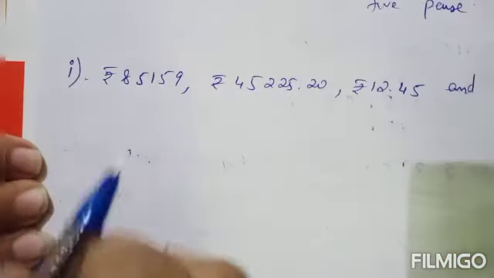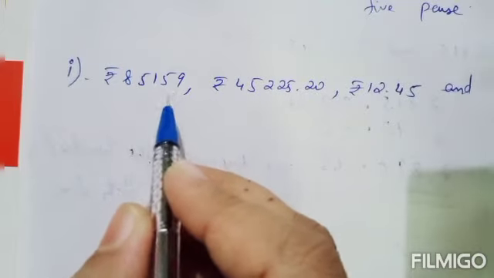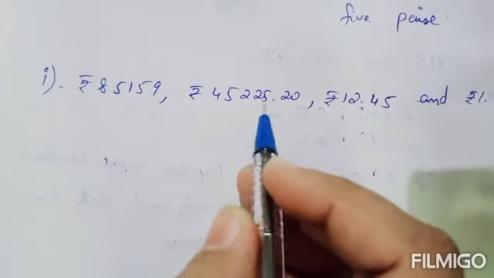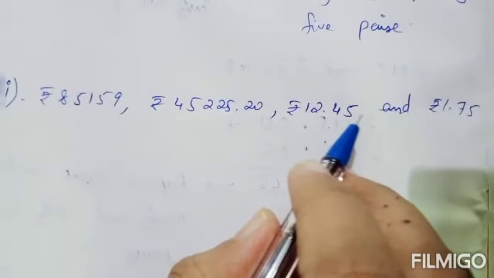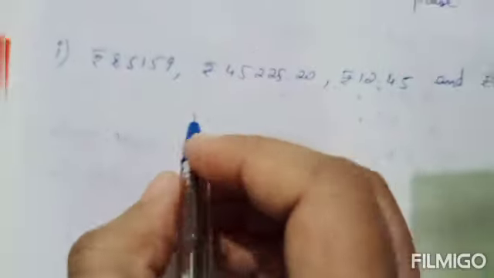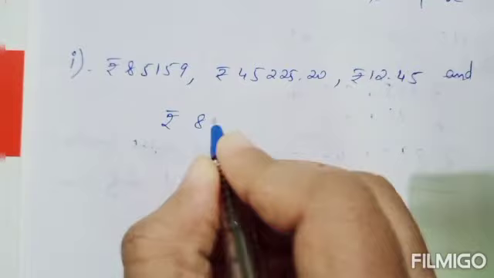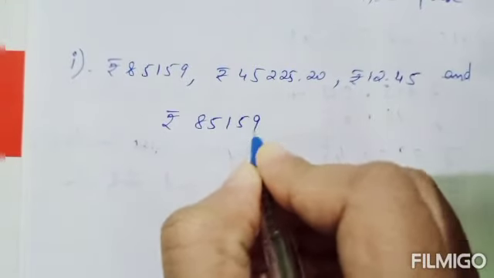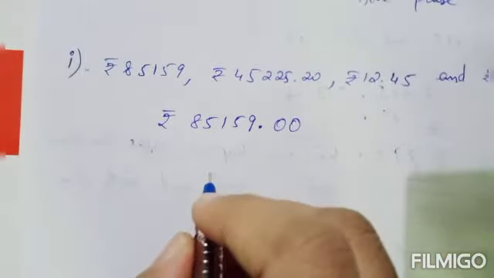Okay. Next I, rupees 85,159, rupees 45,225.20, rupees 12.45 and rupees 1.75. So first arranging this amount in column, you can write rupees 85,159. Here paise part is not given, so you can put zeros.